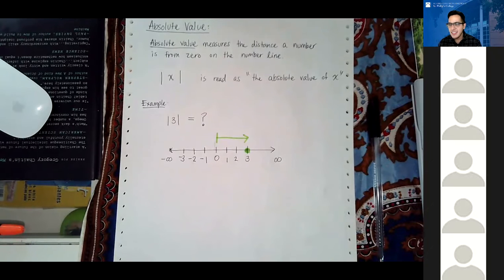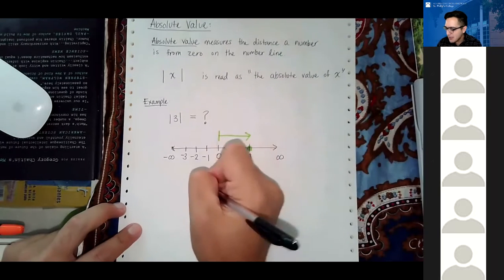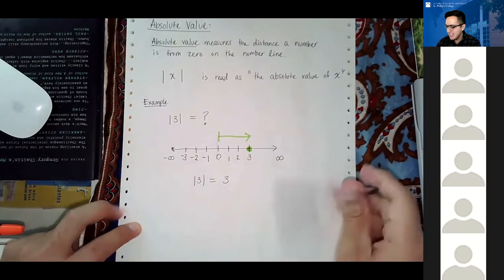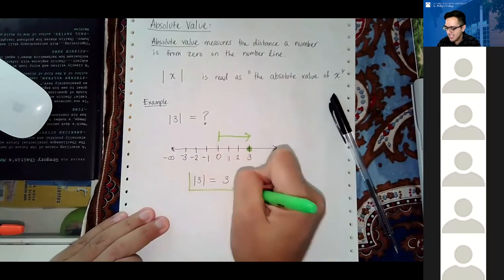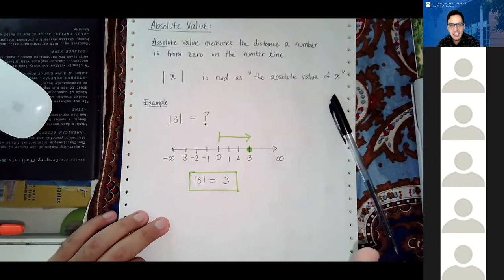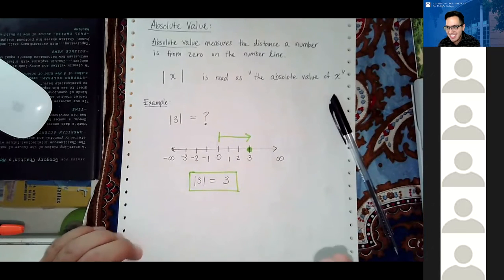Yeah, it's not a trick question, right? We took 3 steps to get to 3. That's why it's 3. Okay, so the absolute value of 3 is equal to 3. Does that seem strange? Does it seem so simple that, why are we even talking about it?